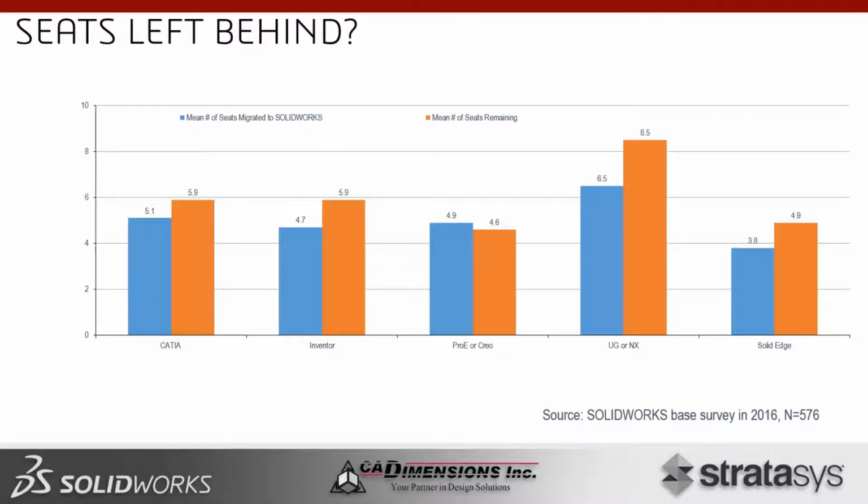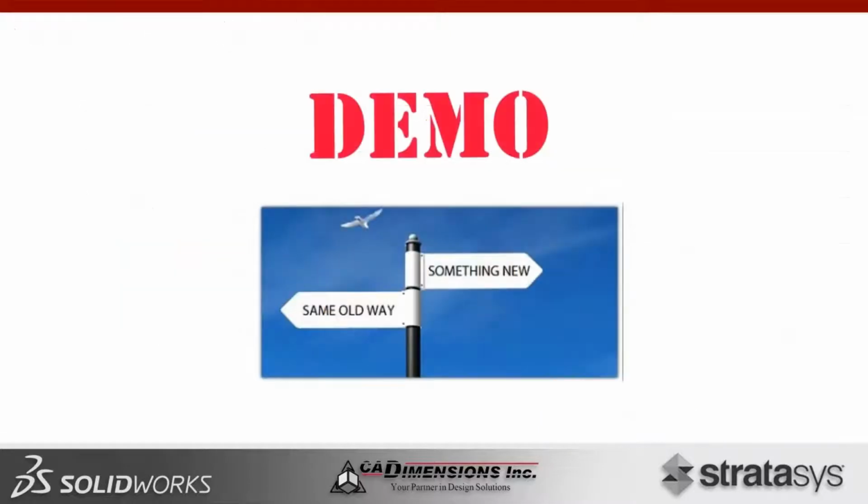So our goal with this product is to hope that you can release some of those other seats. Maybe you only need to keep one seat behind. Get rid of those extra seats, get them to SOLIDWORKS, and still have better tools to create a relationship between your existing design process and your old design process in another CAD.